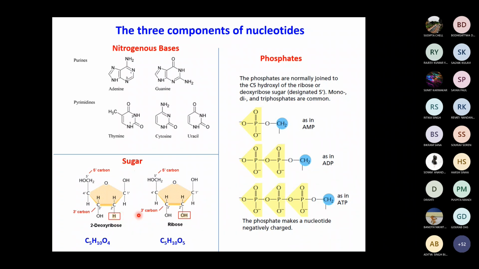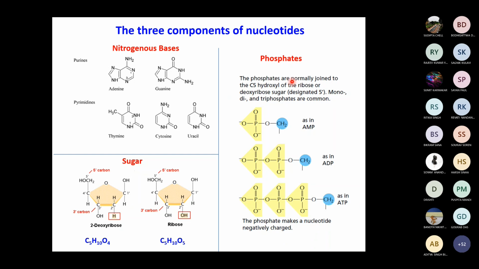So you can see in the DNA we have the deoxyribose sugar, in the RNA we have the ribose sugar, and hence the names ribonucleic acid and deoxyribonucleic acid, based on the name of the sugar molecule, because sugar is the main difference between DNA and RNA, because of which we have the structural differences as well. We'll discuss that. Oxygen in deoxyribose is missing in the second carbon atom.